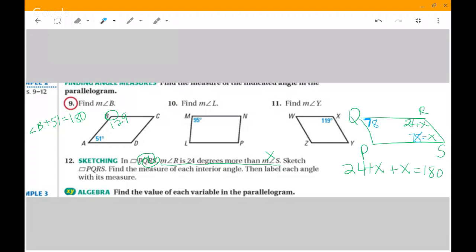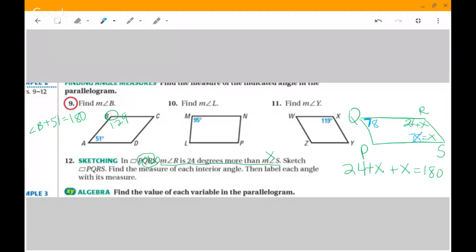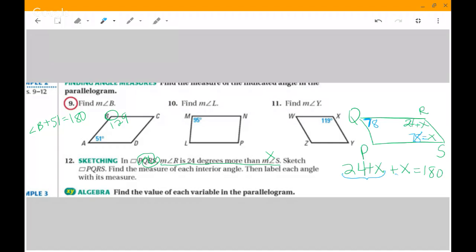Not equals 180, just kidding. I want you to know why, though. If they're not supplementary, they're congruent.